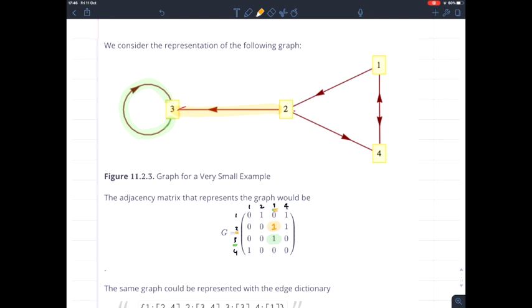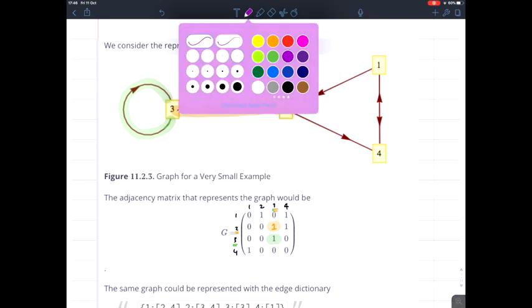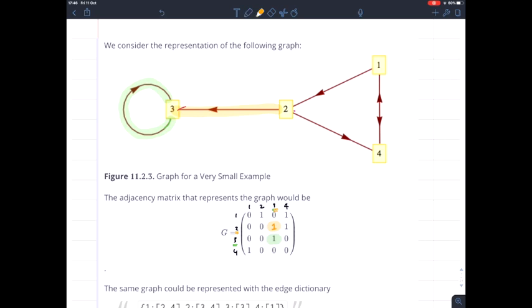Now we have a look at edges from 1 to 2, and we've got from 1 to 2, so we've got a 1 in that position there. And we have something from 2 to 4, so we go from row 2 to row 4, and we have a 1 in that position.